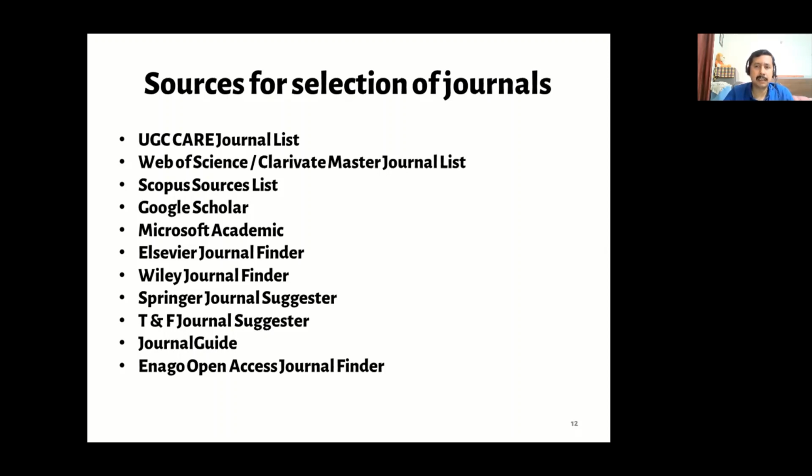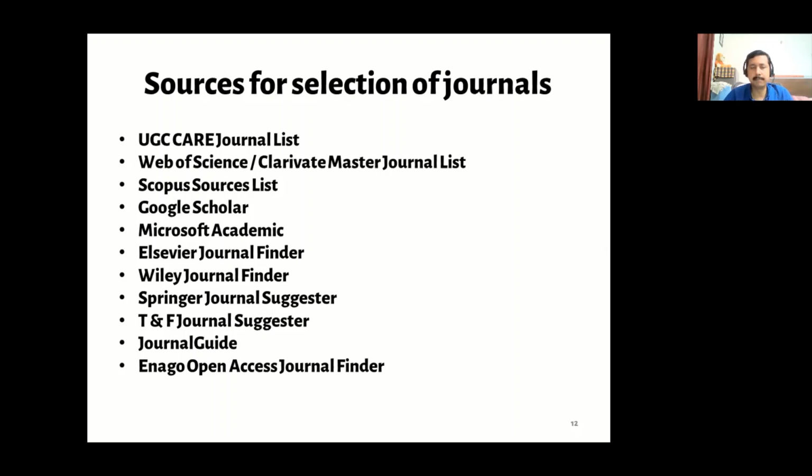These can be best suited for scenario 1 in which you are yet to prepare an article. In the second scenario, you may use journal finder or journal suggester services provided by reputed publishers or multi-publisher journal finder services.